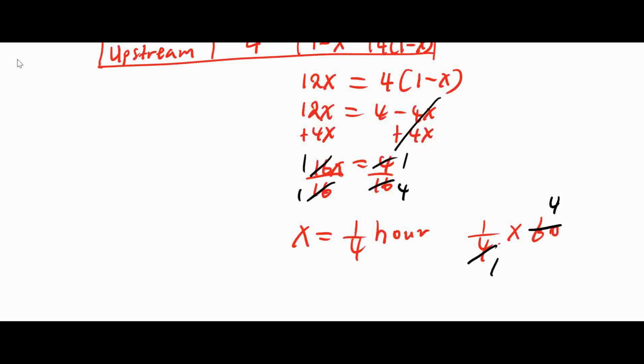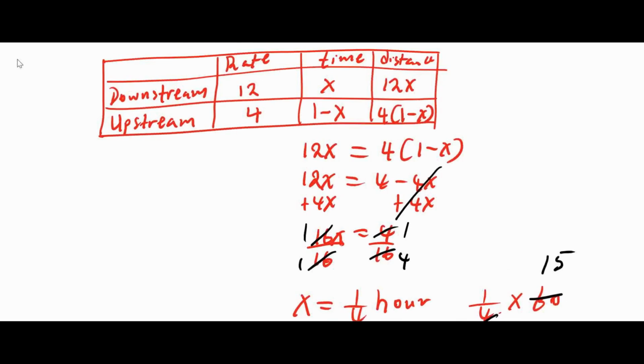Sorry, let me take that again. 4 into 4 is 1, 4 into 60: into 6 is 1, remainder 2, so that gives us 15. So 15 minutes. So this is equal to 15 minutes.